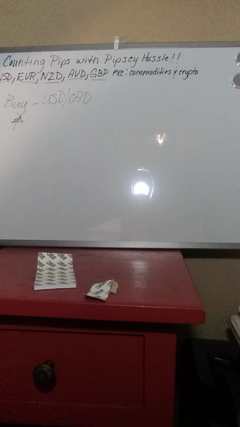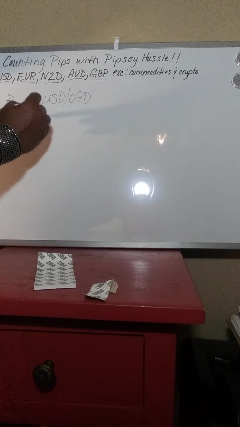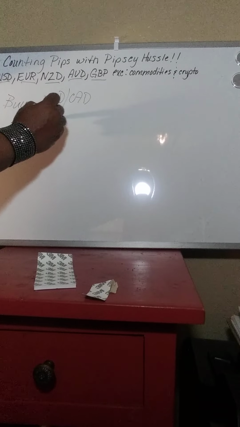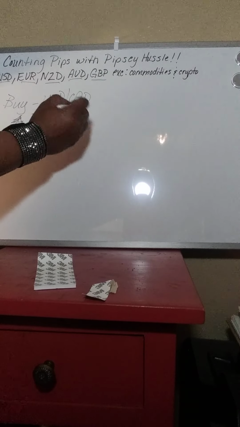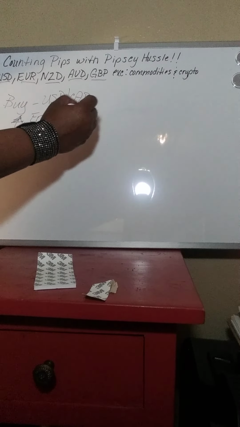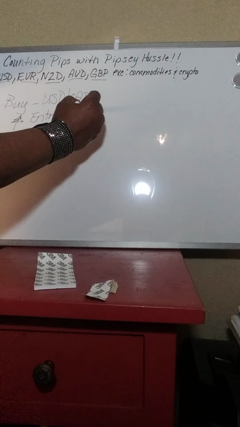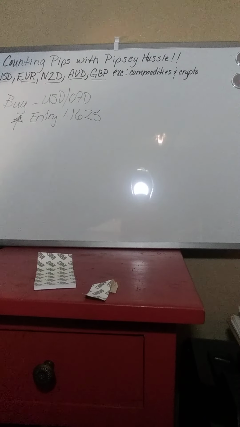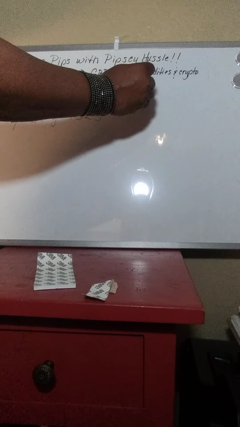So say for instance you enter the market, this is your entry, at 1.1625, right? And you want to catch 20 pips. You want the market to go up 20 pips, alright?